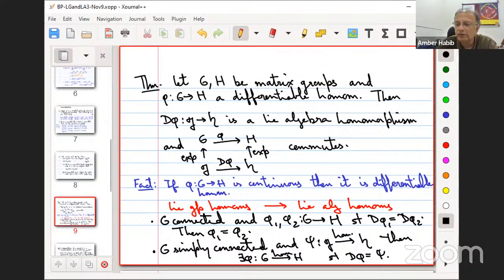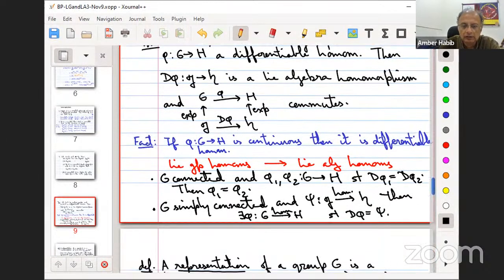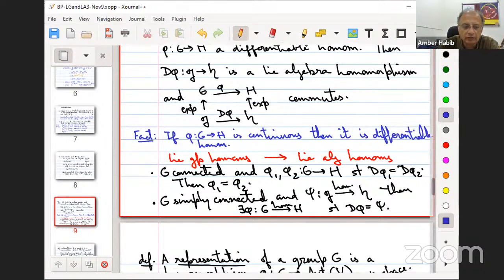In particular, if a group was simply connected and you wanted to study its group homomorphisms to other Lie groups, then you would simply solve this problem purely at the Lie algebra level because you would know that there is a perfect correspondence between the two. And one example of a simply connected Lie group which you may have come across is SU2.